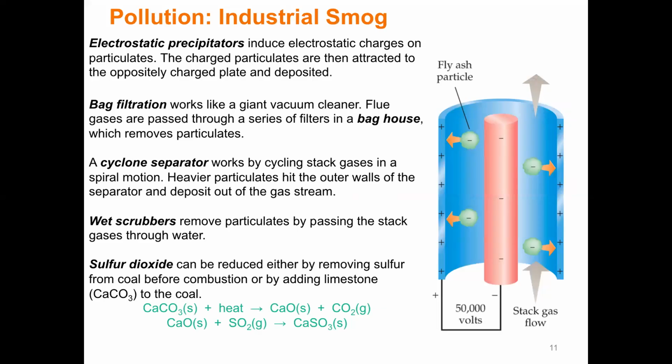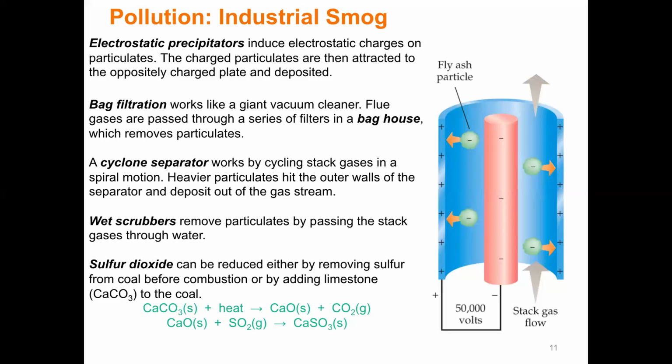So here they have filters that will try to filter out substances from that. Cyclone separators, this would be having the air move in a cyclone, and heavier stuff will then come out or hit the walls and then be pulled out. Wet scrubbers, so actually passing water through and having them precipitate out that way before they get out into the air.